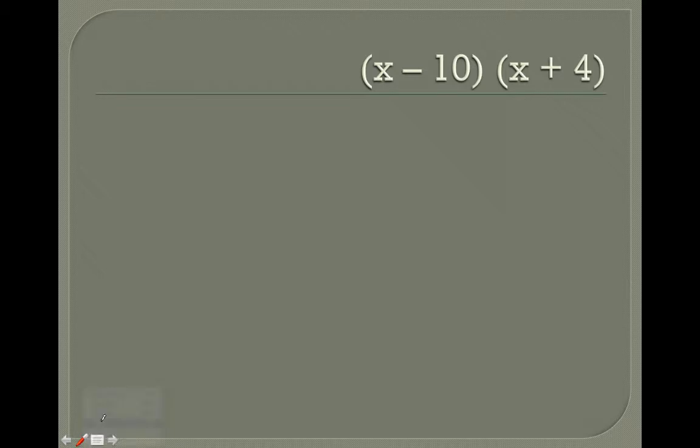And how we're going to do that is we're going to take one of these binomials and set it across the top, and take the other binomial and put it down along the side to make a box. I've got my first term, my second term, my first term, my second term.